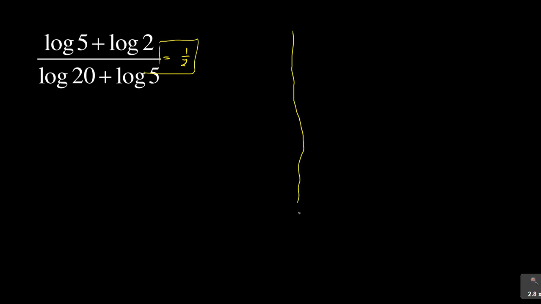Now the question is, how did the calculator get 1 over 2? The first thing you need to do is remember the laws of logarithms. The first law says if you're given log in base x of a plus log in base x of b, this is equal to, you can notice that the bases are the same.